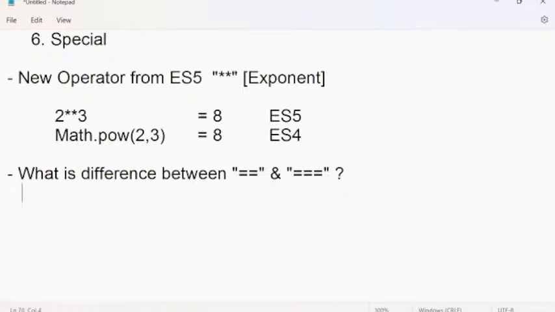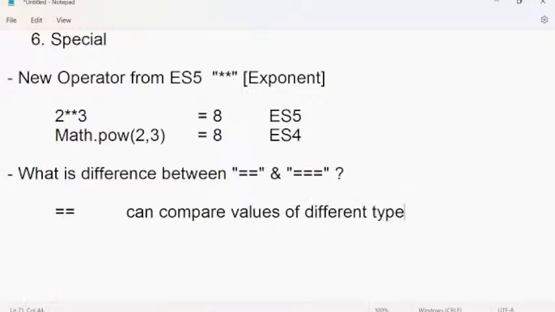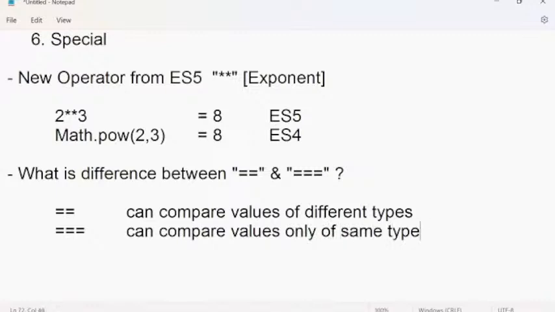So actually, double equal can compare values of different types, while triple equal can compare values only of the same type.